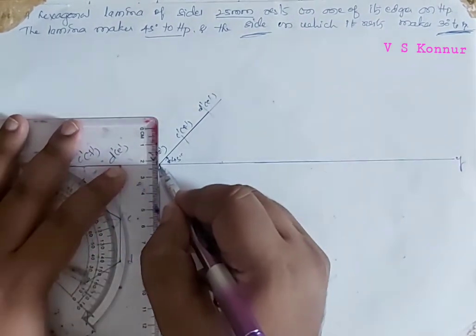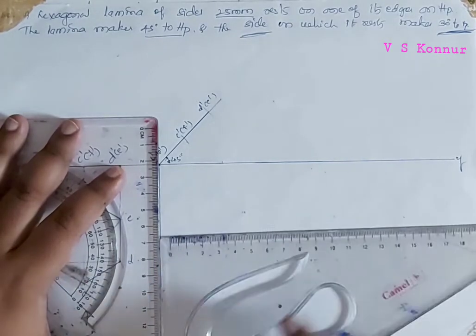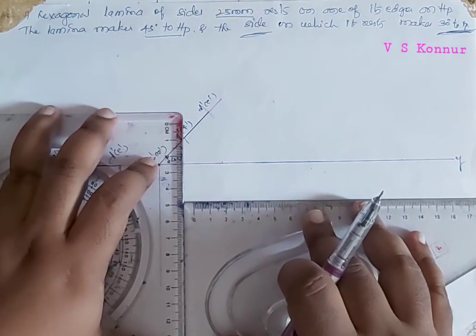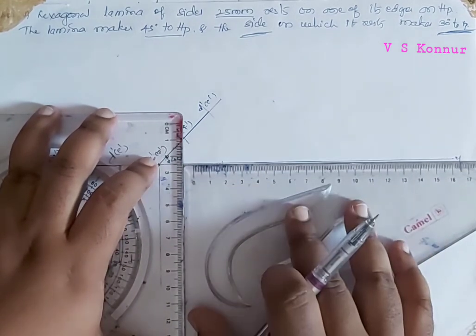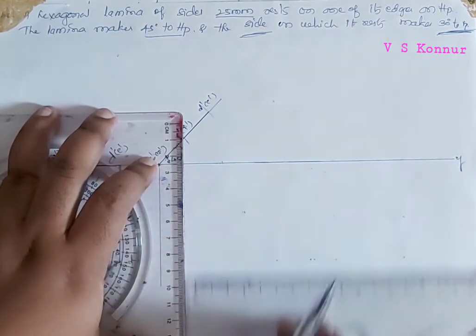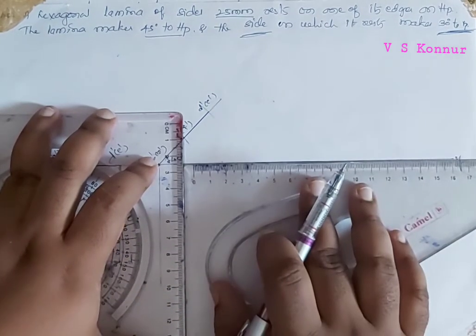Now from these two points, and then we'll move on to C and F, and then D and E.